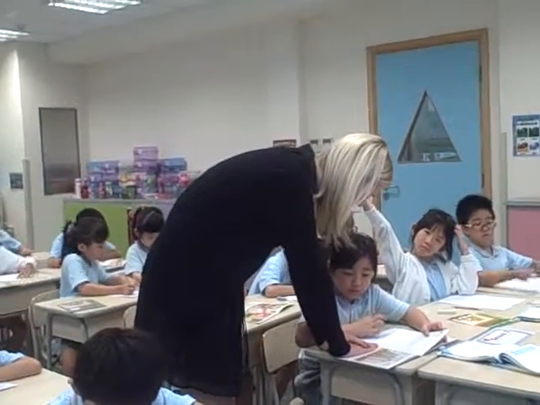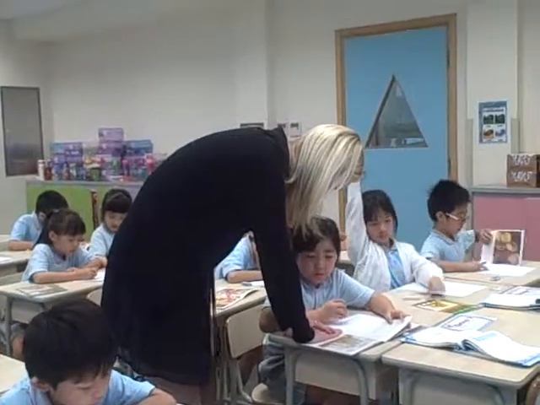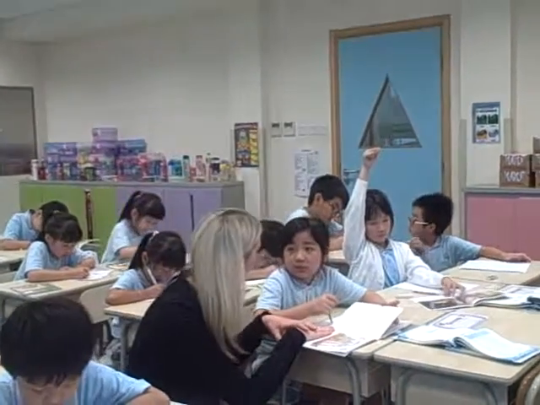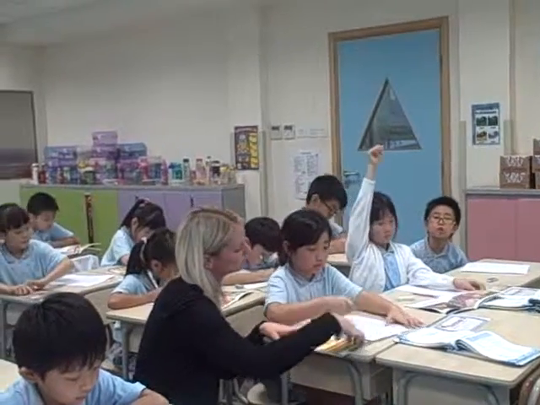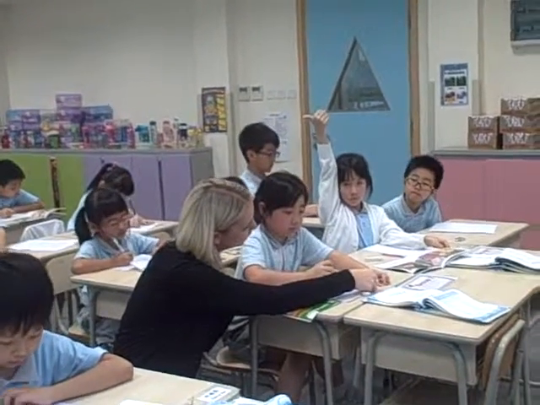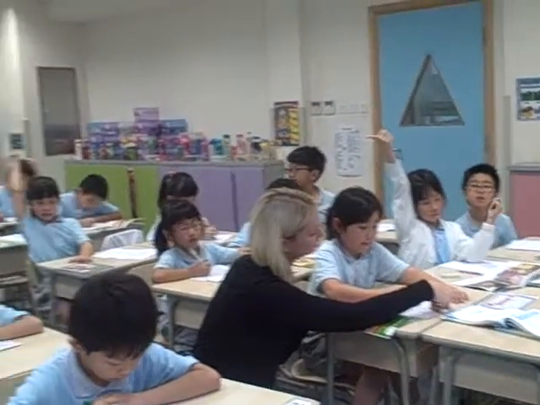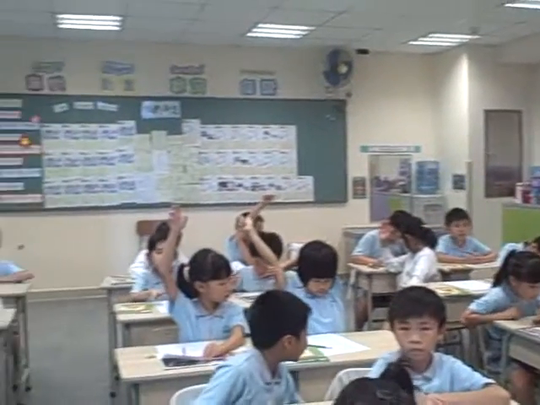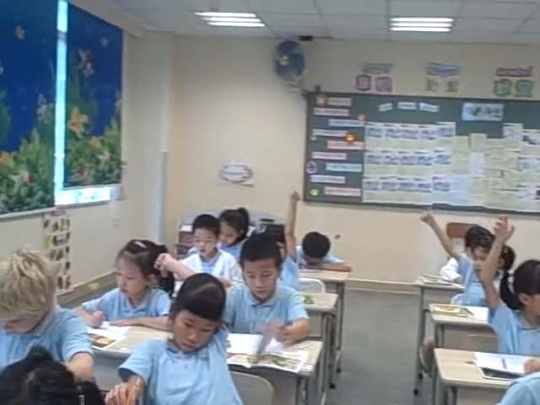Where does the story take place? Where are Grandma and the children in the story? They're in the castle, okay? So we can say for number 2, where does Castle Adventure take place? The story takes place in a castle.